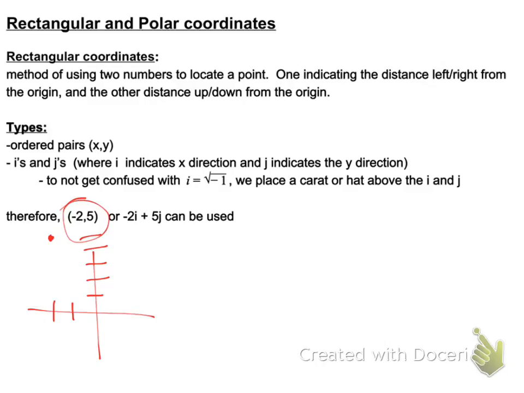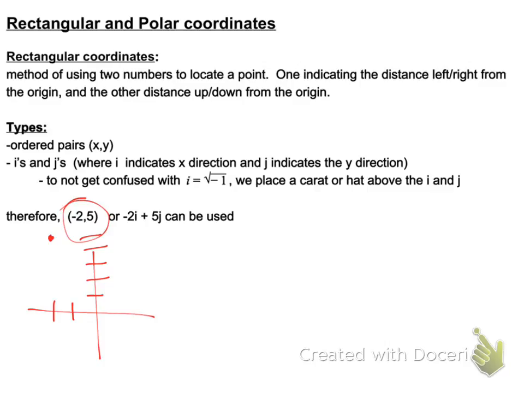Now, it's hard because I'm not able to put the little hats on in Google Documents, so I'm going to try to put them on with my program here. There's a little note there to not get confused with i equaling the square root of -1, because we've been dealing with i in that way with imaginary numbers. We place a caret or a hat above the i and the j.